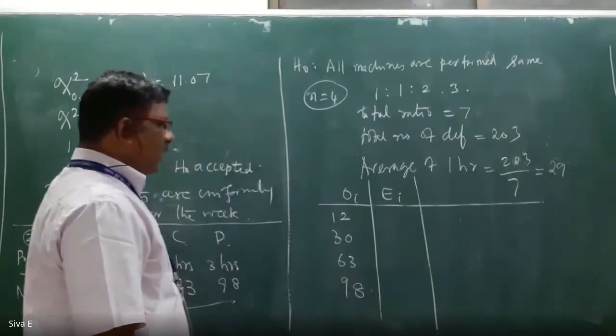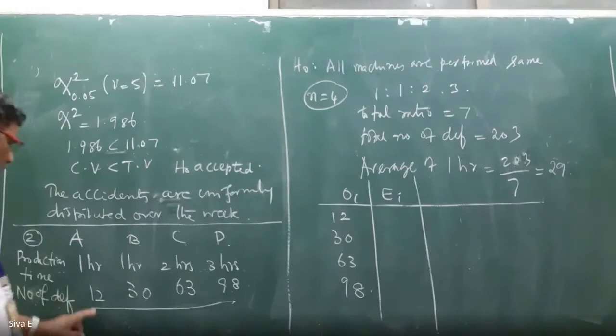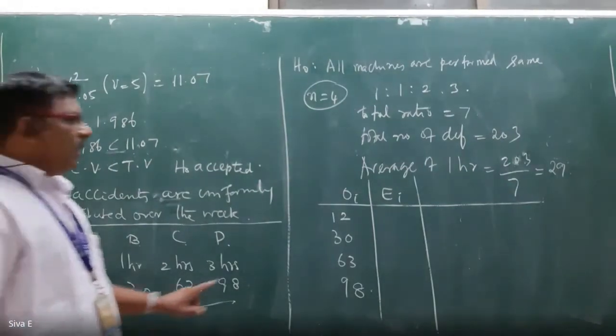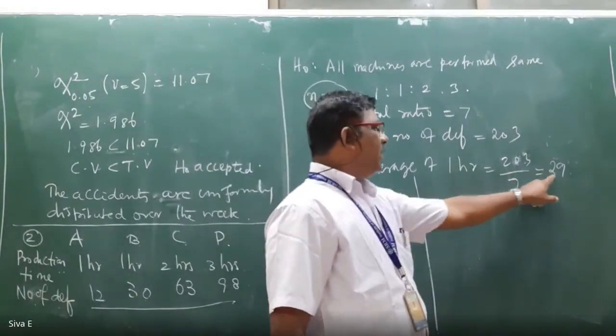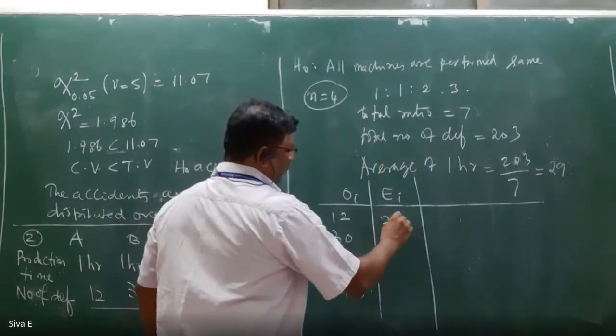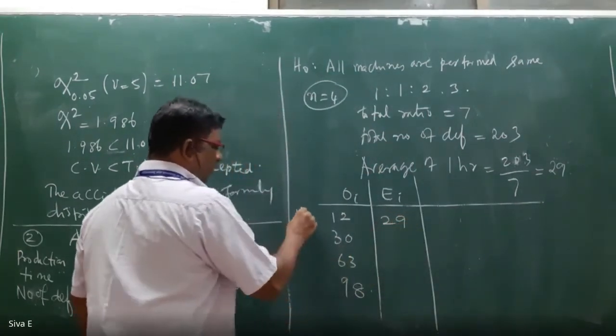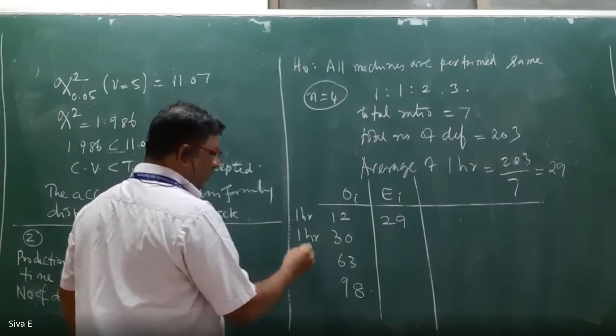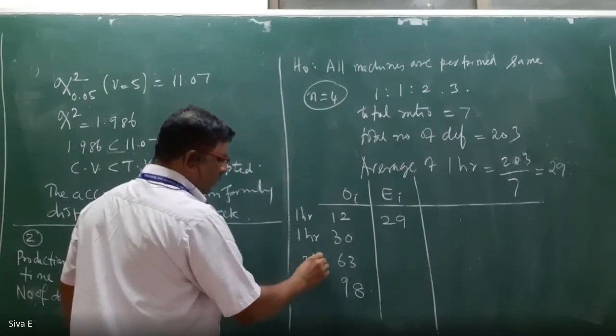Expected frequency: for 1 hour, 29 articles are defective. It is 1 ratio, 1 ratio, 2 ratio, 3 ratio.